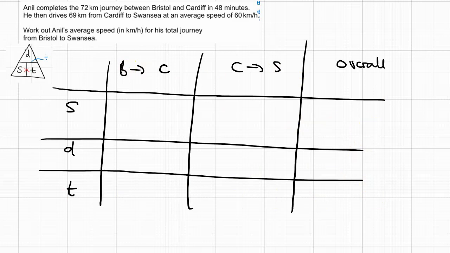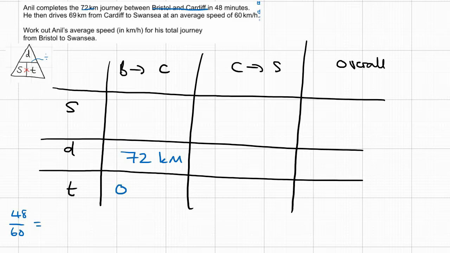I'll do it in blue, and the new stuff in red. So Anil completes the 72-kilometre journey between Bristol and Cardiff. So that's the distance, 72 kilometres, in 48 minutes. Remember, to get this as a decimal, we do 48 over 60, so 48 divided by 60.